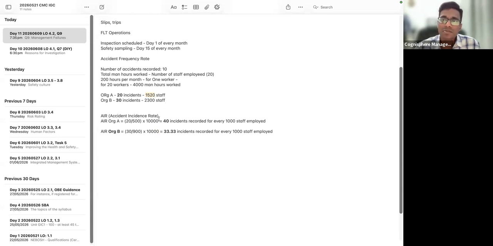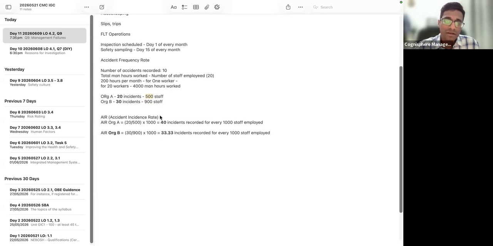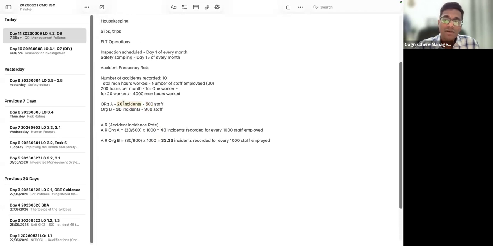Do you understand this part? For your examination purpose, they will not be asking you to calculate the accident incident rate or accident frequency rate. But for understanding, the numbers that we have are raw data.